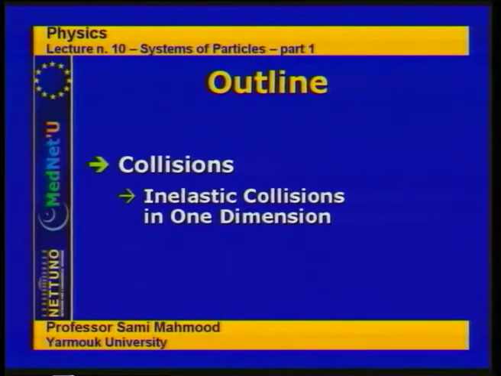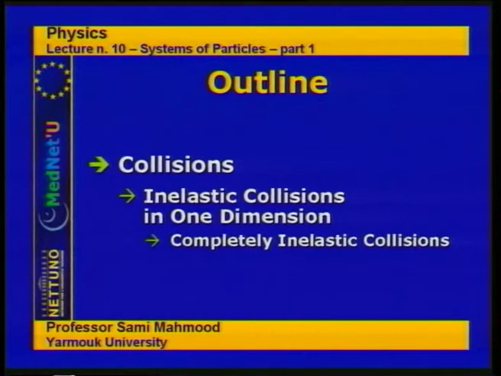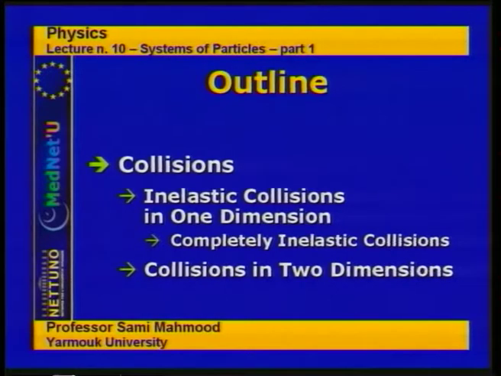After that, we will discuss the second type of collision, which is the inelastic collision. And as a special case, we will consider the one-dimensional case, which is a simple case to demonstrate the basic principles and how we can apply them. And we will take a special case of this inelastic collision in one dimension, which is the completely inelastic collision, and discuss it and find the velocity.